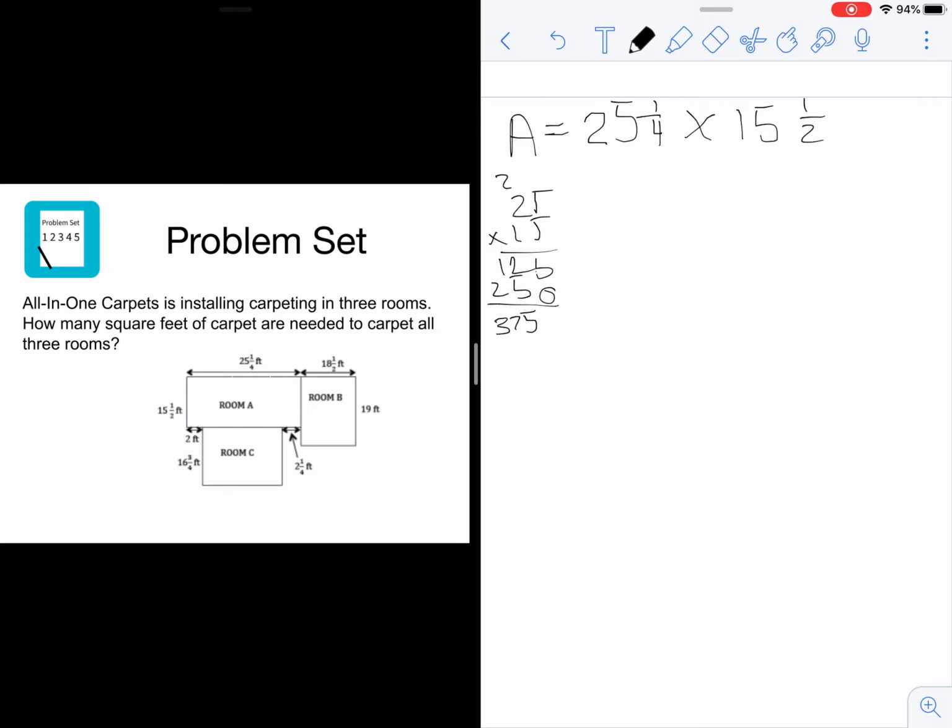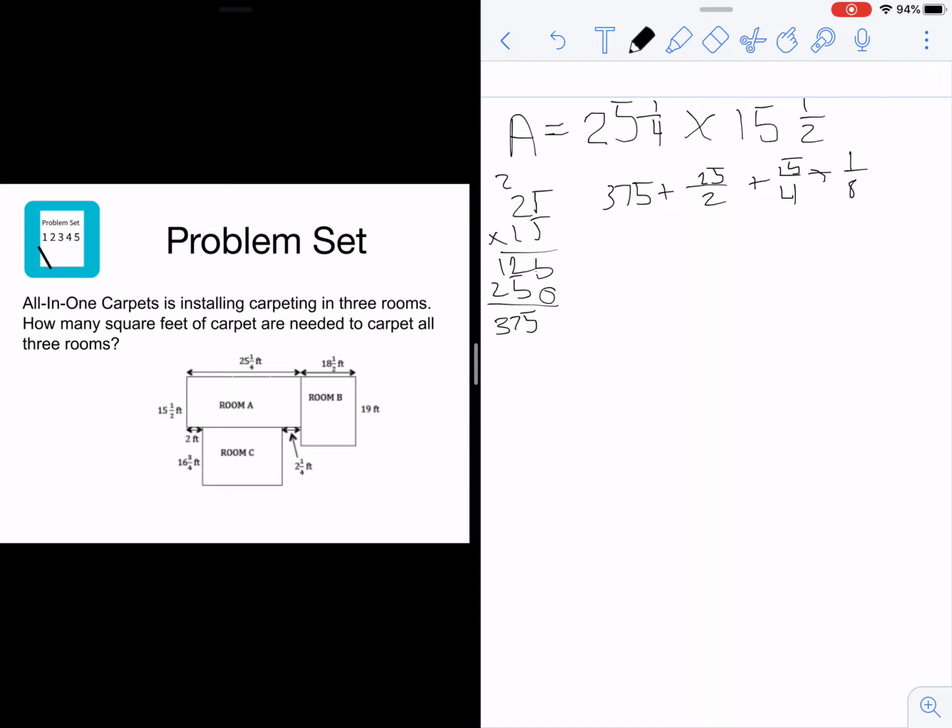And then we have 25 times 1/2, so we have 375 plus 25 halves, my bad. And then plus 15 fourths, and then plus 1/8, because 1/2 times 1/4 is 1/8.